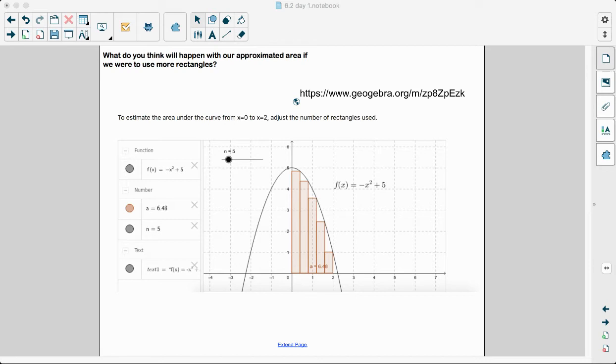Just look at the rectangles, and they're skinnier and skinnier, so they're having less and less little empty space in between. So the more rectangles we use, the closer our approximation is to actual, because it's almost making a full curve. So the more rectangles, the better. It gets a better approximation to the actual value.